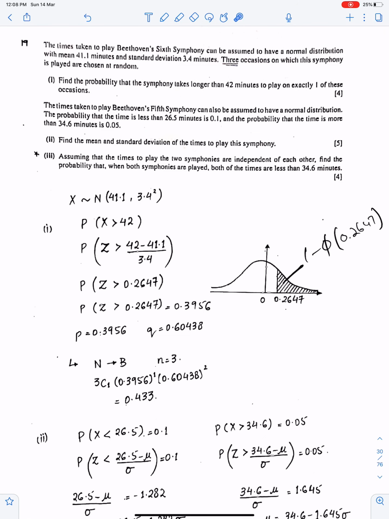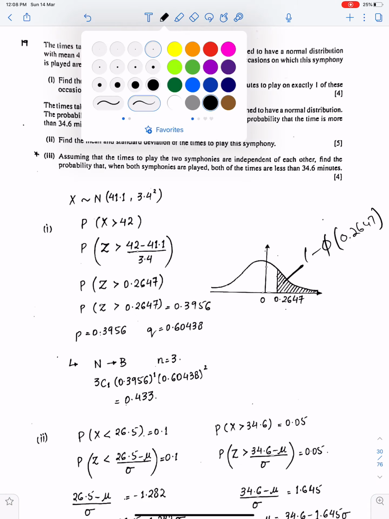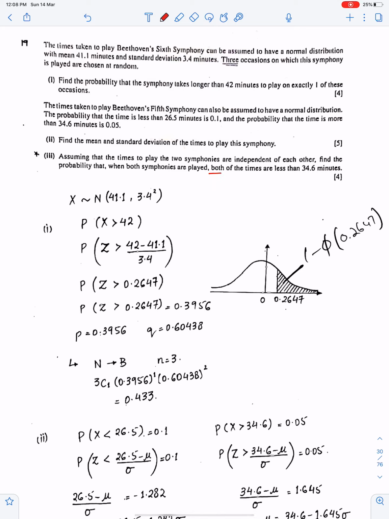Now the last part of this question is important. This thing is important. Both means multiply. So you just need to get the probabilities of both types. See, assuming that the times to play the two symphonies are independent of each other, find the probability that both of the times are less than 34.6.